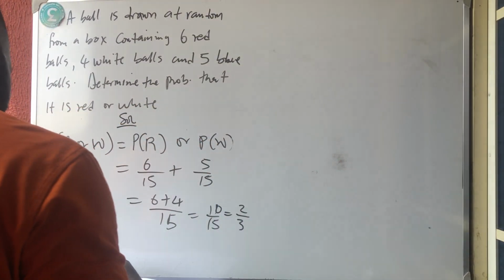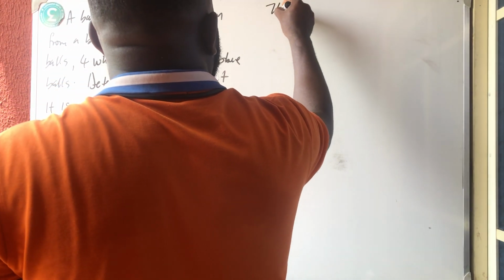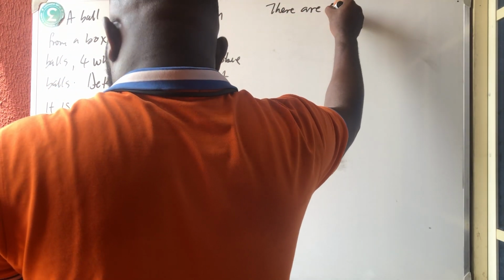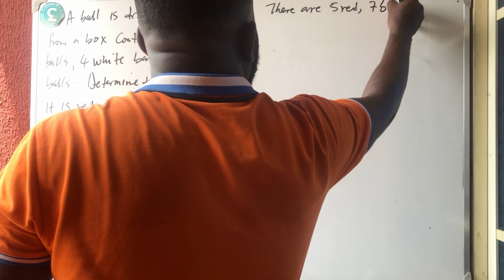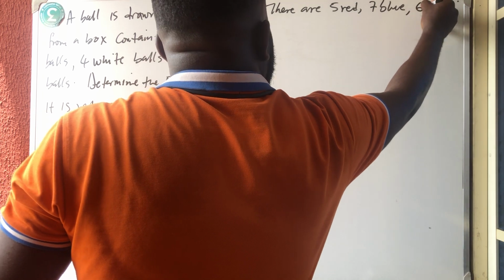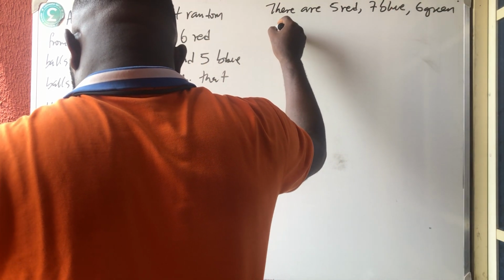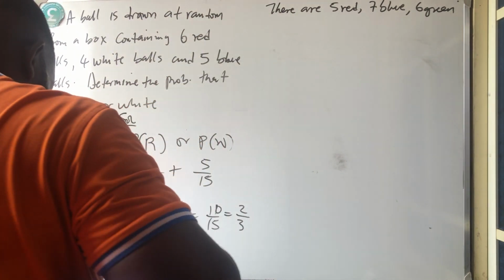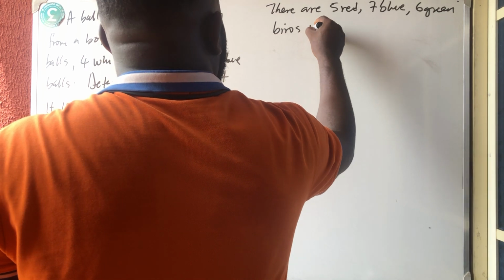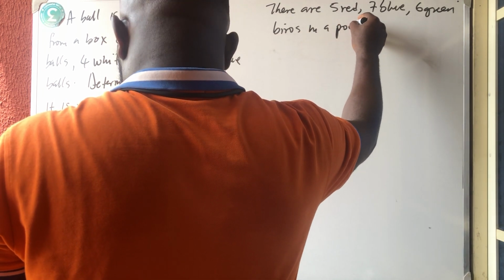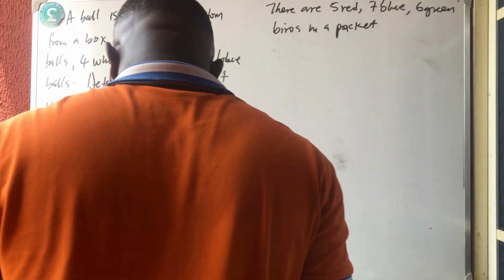These are very simple problems. So the next one, there are 5 red, 7 blue, and 6 green biros in a packet.